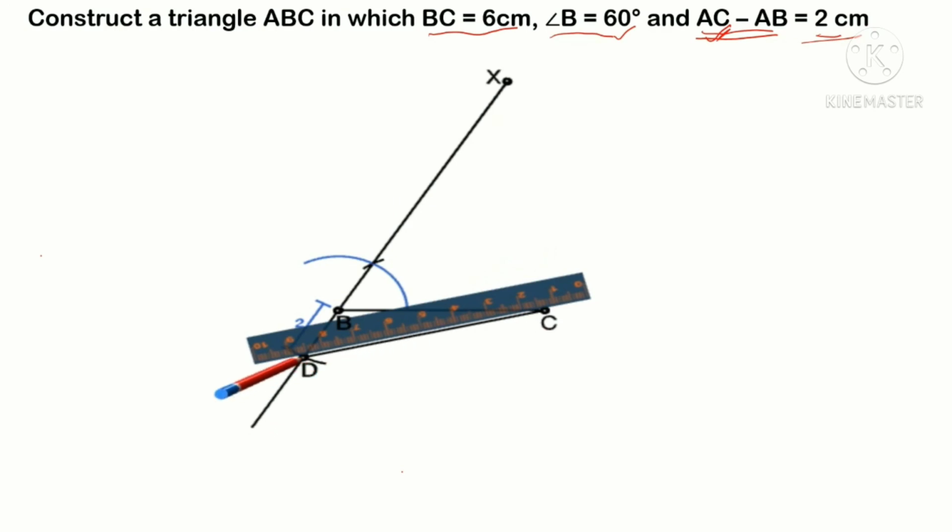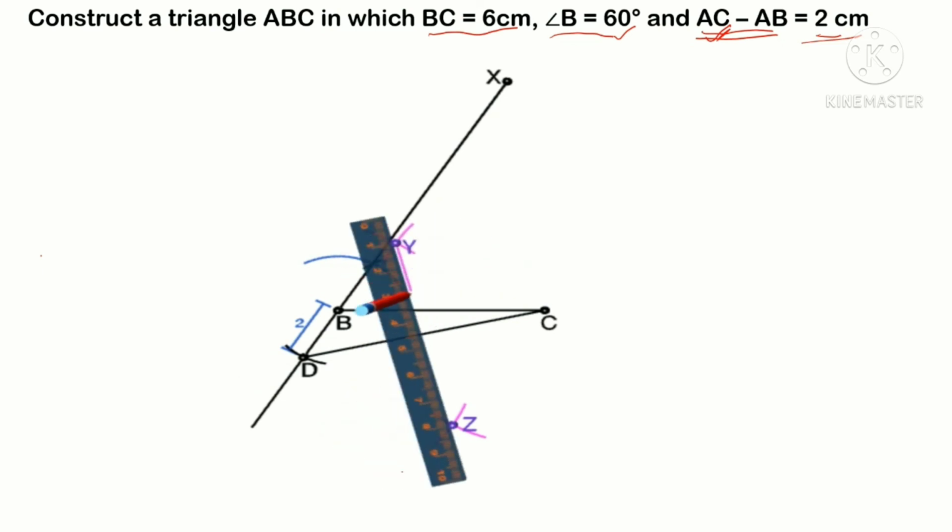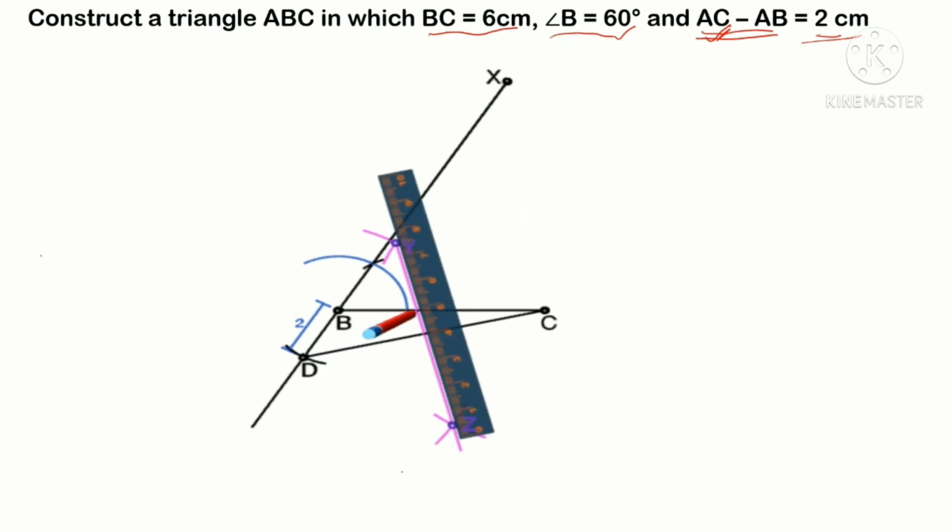And now what do we need to do? We always join CD. We'll draw the perpendicular bisector of CD. Wherever this perpendicular bisector is intersecting ray BX, that is our third vertex A of triangle ABC.